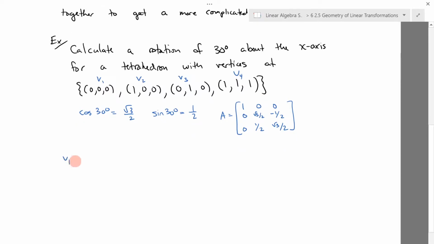Right, so for V1, we apply the matrix to the vector 0, 0, 0, but the transformation of the 0 vector is always the 0 vector.